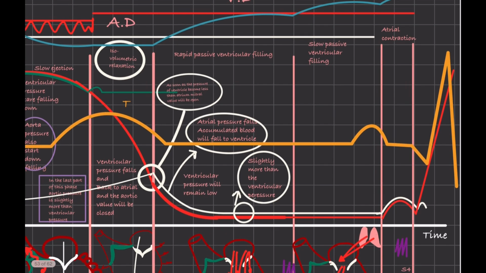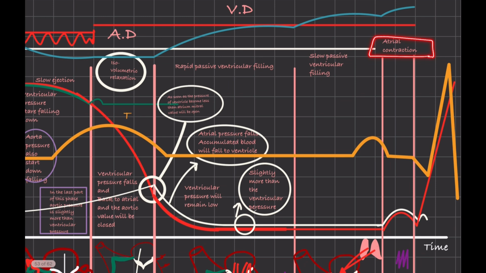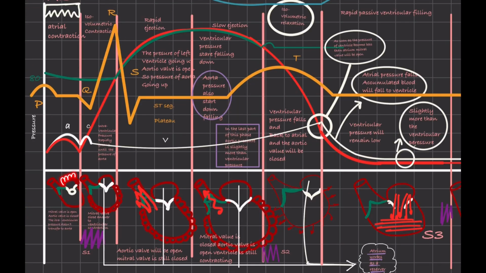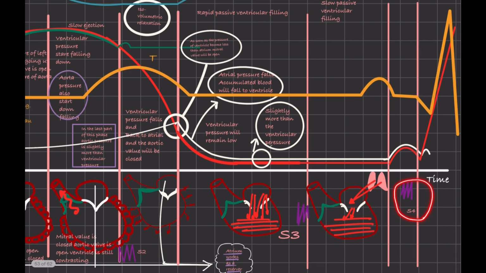The final step in ventricular filling is atrial contraction, which pushes the remaining 20% of blood into the ventricle. S4, which is always pathological, occurs when the atrium contracts against a stiff ventricle.